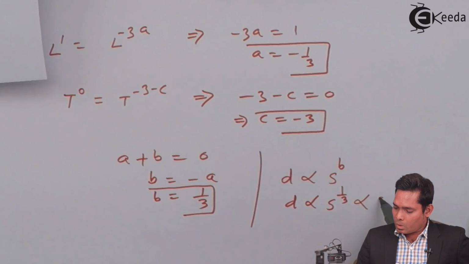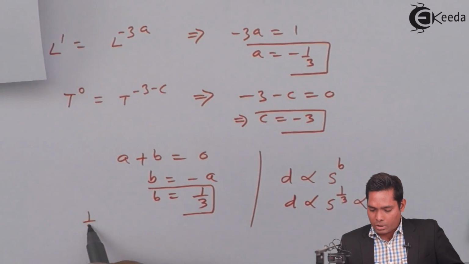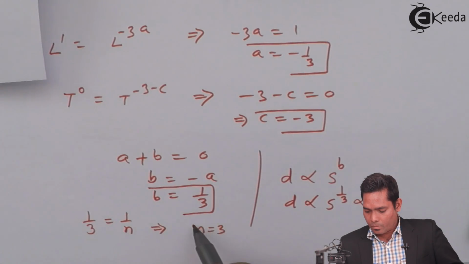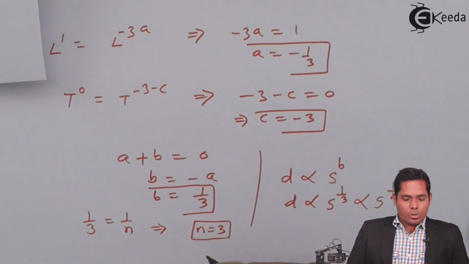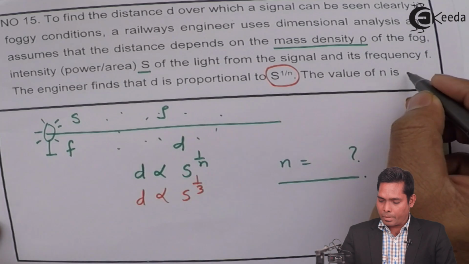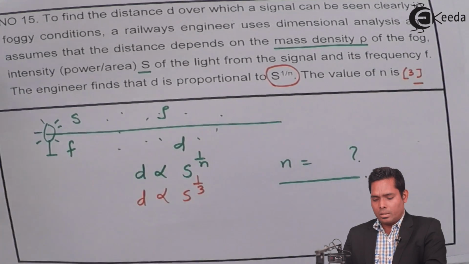If you compare these two, then 1 by 3 must be equal to 1 by n. From here, n equals 3. So this is how we got the answer. The n is coming out to be 3. This is the answer to this question.